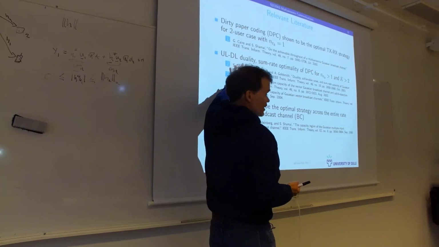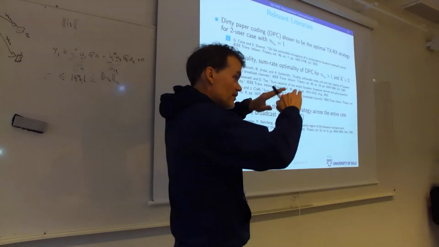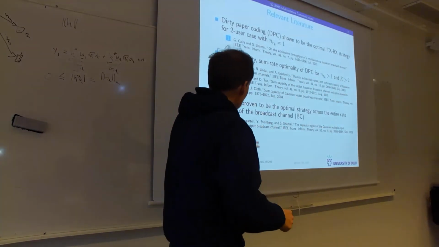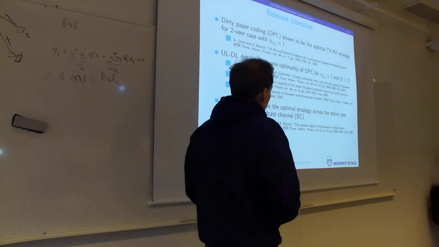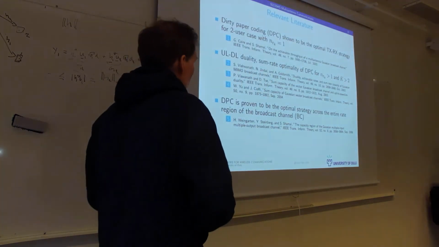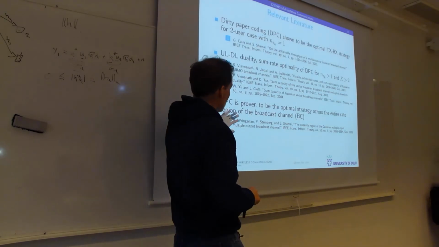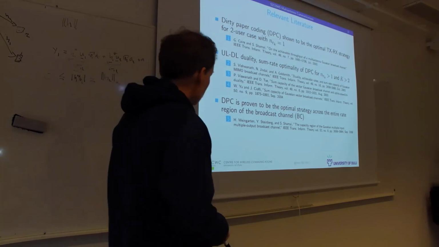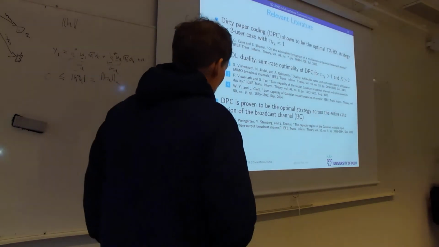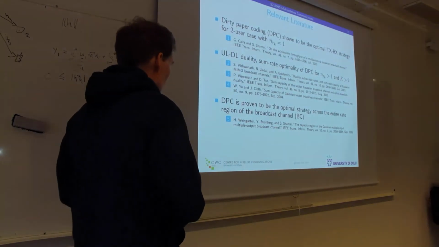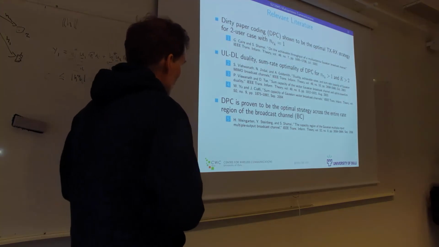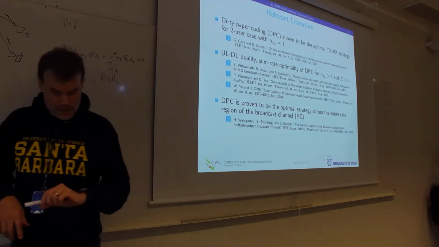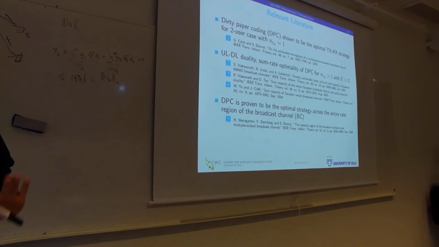Of course, they didn't have yet the proof that the whole rate region of the downlink can also be computed using the uplink downlink duality, and later proven in this quite complicated paper by Carl and all, Trans IT.